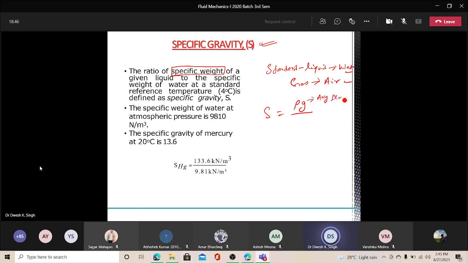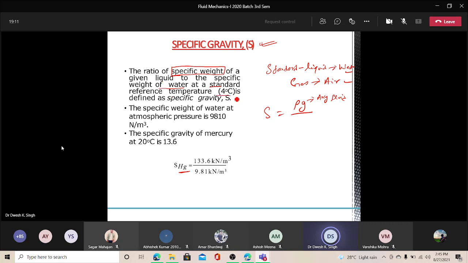Like here, your fluid is mercury. The ratio of the specific weight of a given liquid, meaning any liquid, to the specific weight of water at a standard reference temperature of 4 degrees is defined as the specific gravity.